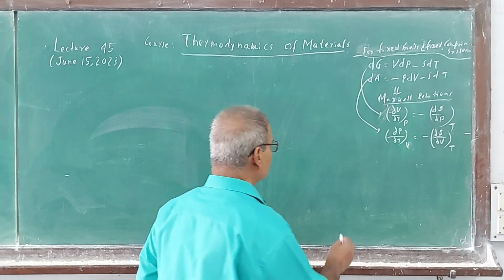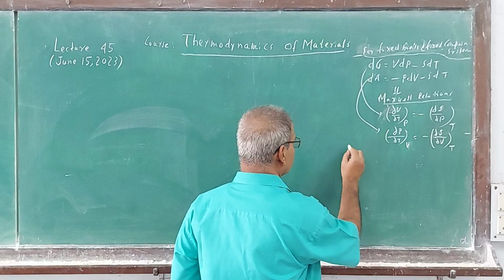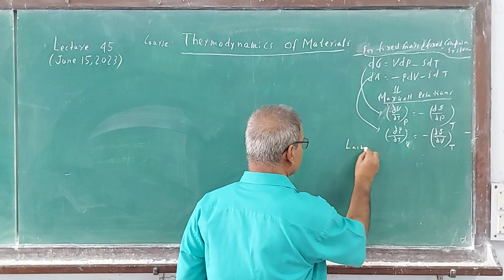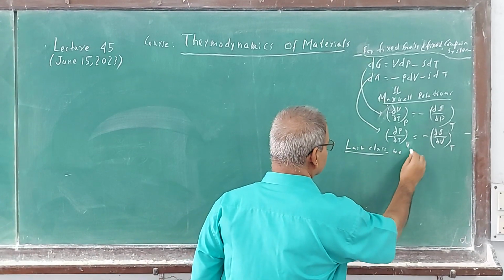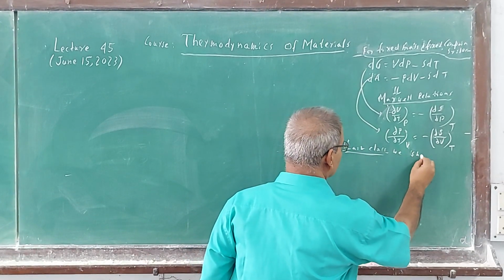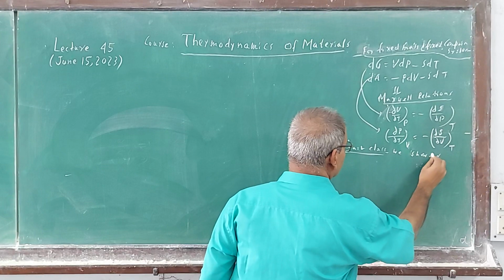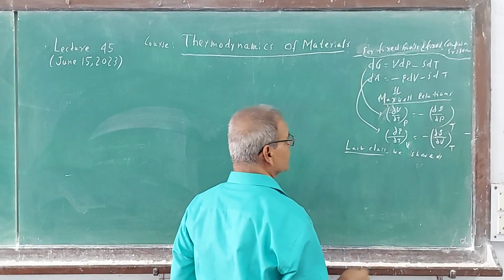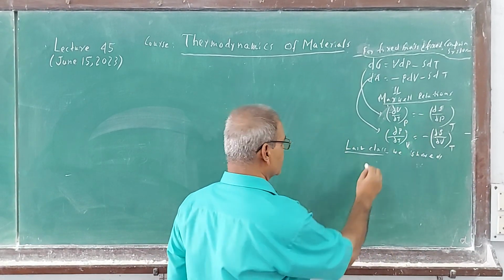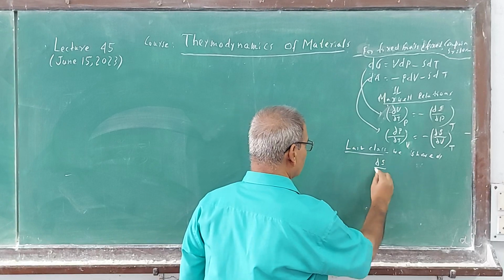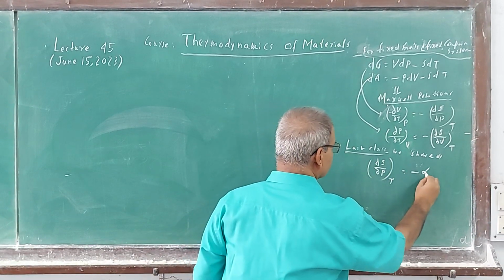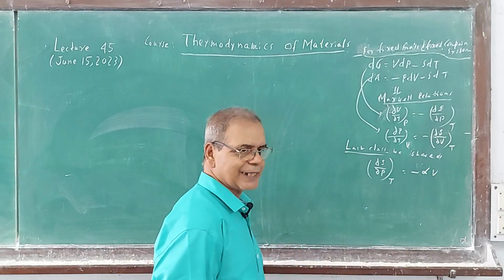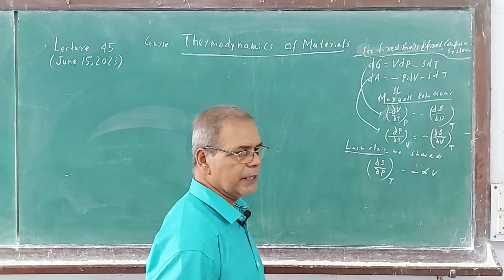So remember we have completed. Last class we showed, tell me what you showed, directly this effect of pressure. I don't go back to this, but I will only say this is nothing but minus alpha V. Alpha is the coefficient of expansivity.